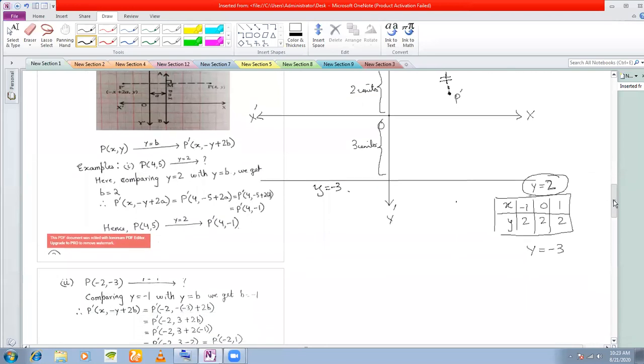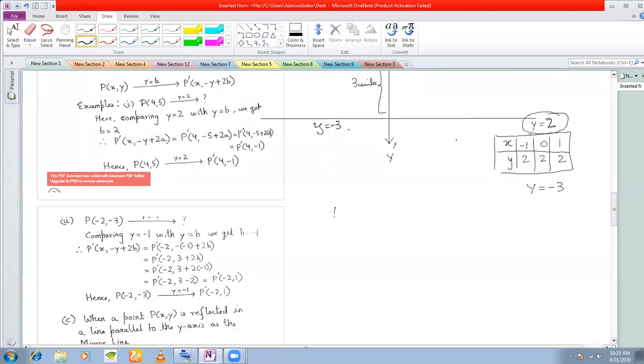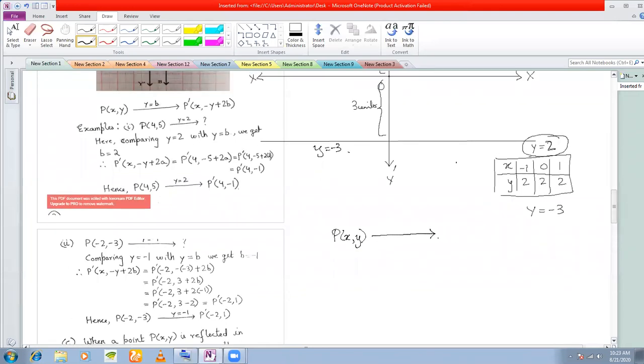I'm not explaining this on the graph, because once we do the sums, it will be clearer. When this point is reflected in a line parallel to the x-axis, the x coordinate remains the same and the y coordinate changes its sign, but along with it I have to add plus 2b.